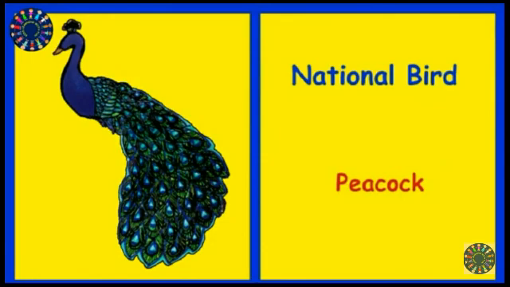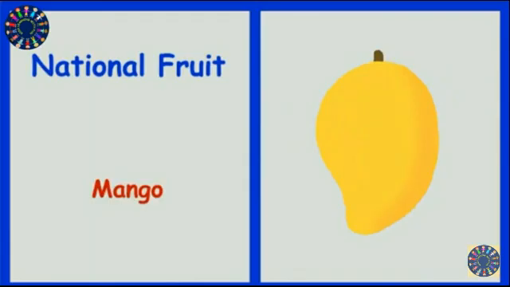Fourth national symbol we're going to talk about is national fruit. So, the national fruit of India is mango, which we all love to eat a lot. Next national symbol that we are going to talk about is the national flower of India.